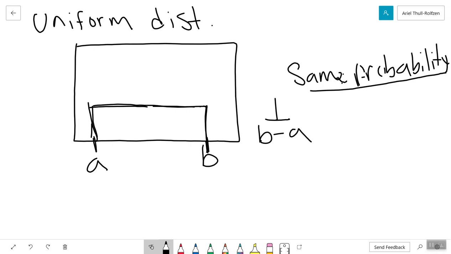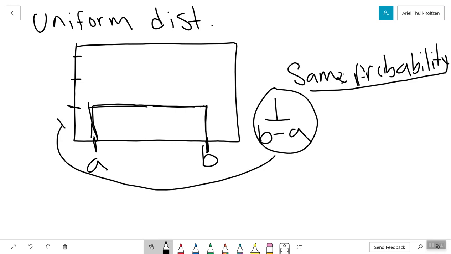And now we've got to talk about the height of our rectangle as well. This equation is the equation for the height of the rectangle. So I'm going to say 1 over b minus a equals height. Now you're probably thinking, gosh, Ariel, why do I need to know the height and the width of a rectangle? I didn't know this was trigonometry.